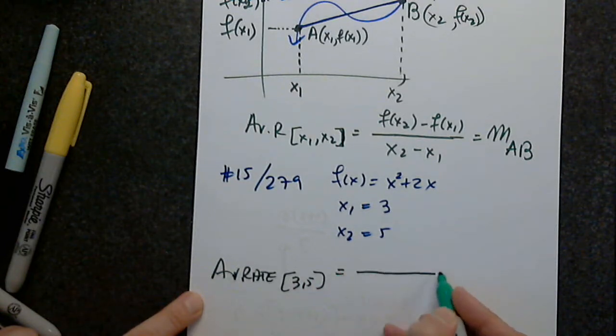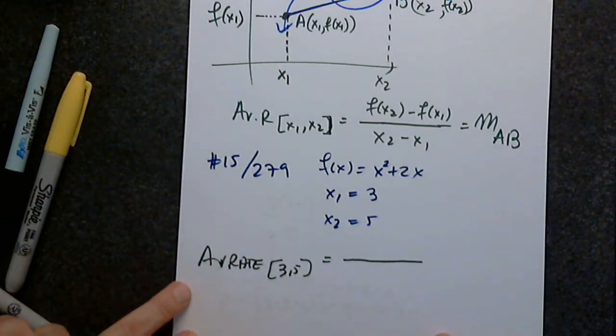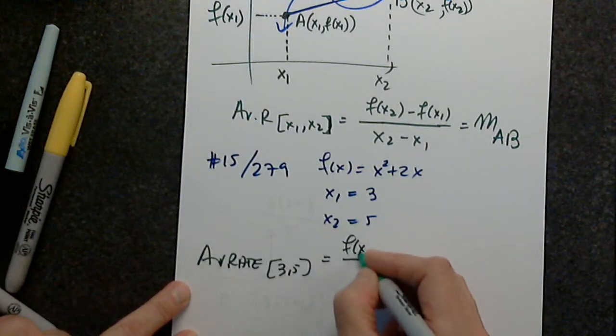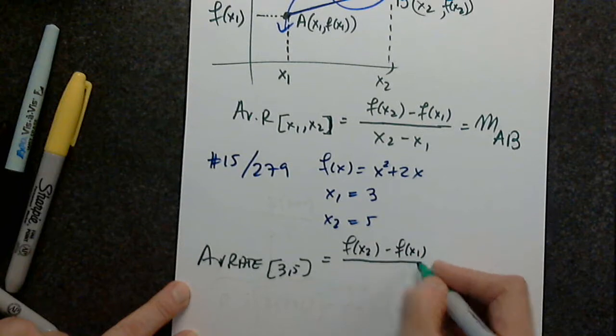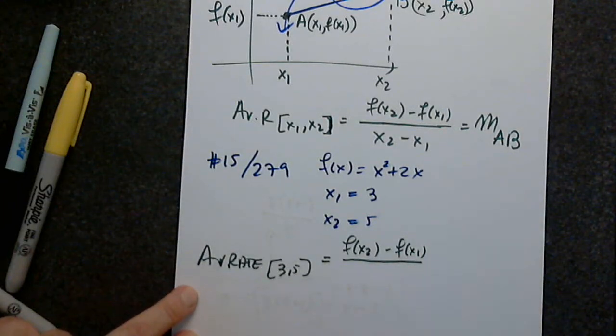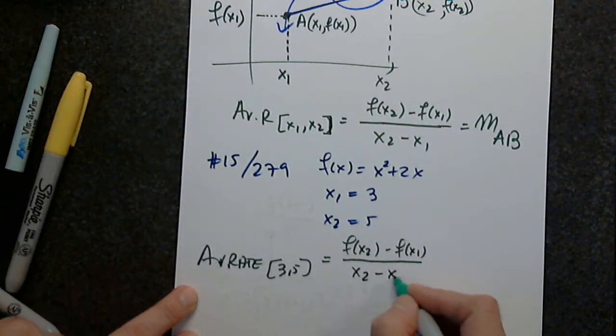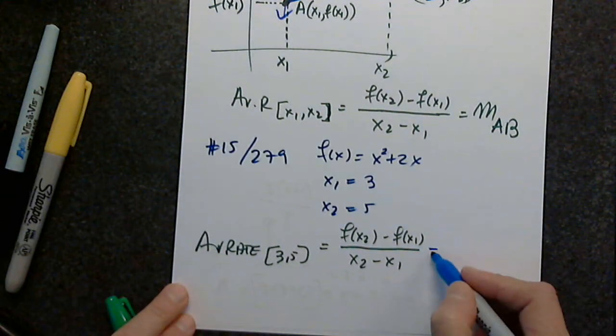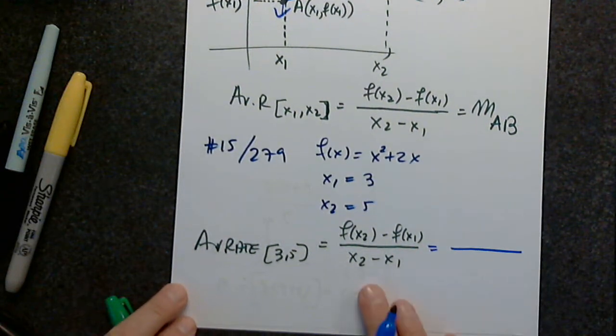I will always write the definition first so I don't forget what I'm doing. It has to be f of x2 minus f of x1, like in my case a difference in distance, over the difference in time, which will give us the average rate of change, the average speed.